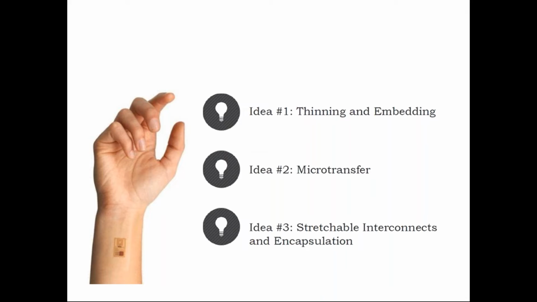So for smart watches and smart everything, the first and foremost technology needed is that the sensors should be as small as possible, so that they can be carried on the body without being heavy. They should be thin and able to be embedded.